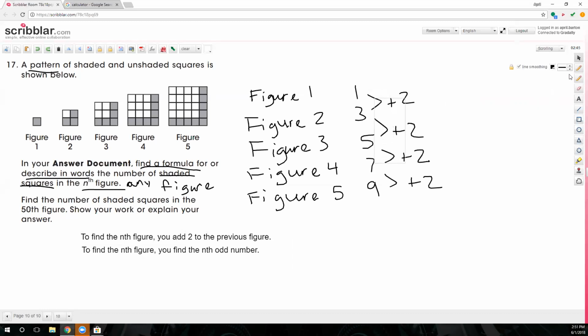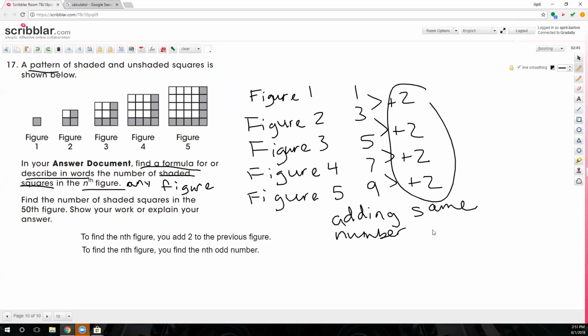When you add the same thing every time, that means it's linear. So if it went add 2, add 3, add 5, add 8, whatever pattern it was, that's not linear because you're not adding the same thing every time. Or if it was multiply by 2, not linear.